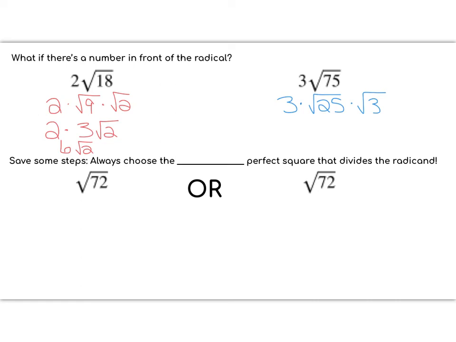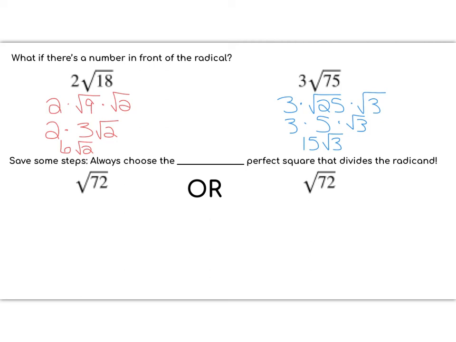So this is 3 times the square root of 25 times the square root of 3, because 25 times 3 is 75. Now, let's finish this up. This would be 3 times the square root of 25 is 5 times the square root of 3. I can multiply the 3 and 5 because they're both outside the radical, and I end up with 15 times the square root of 3, or 15 root 3.